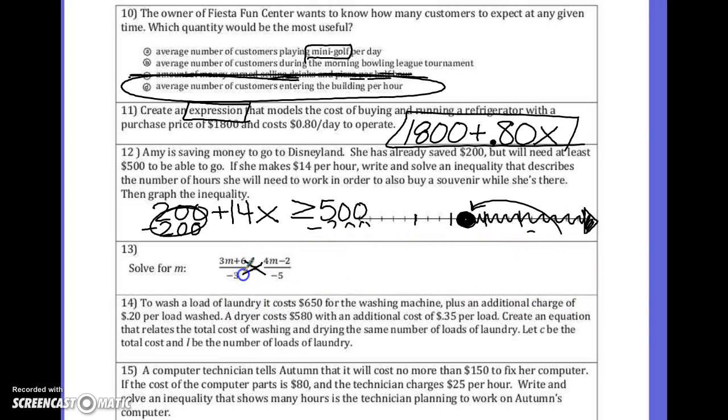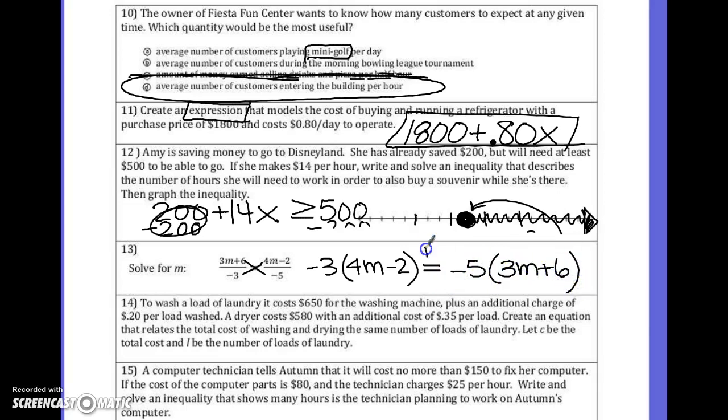Next one, a proportion. So we're going to cross multiply, because when there's an equal in between two fractions, we can cross multiply. I'm going to do -3 times the 4m minus 2 first. We set the two equal to each other. So I've got that crossed, equal to -5 multiplied with the other side, 3m plus 6.